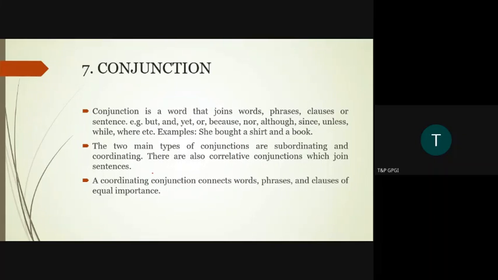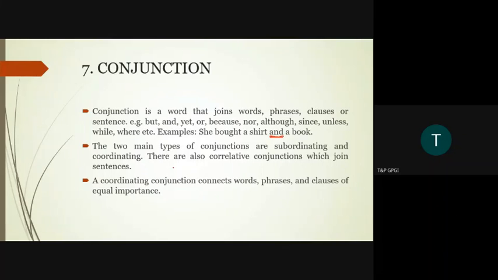For example, we have but, and, yet, or, because, nor, although, since, unless, while, where, etc. There are many conjunctions that join two or more sentences, words, phrases, or clauses. Here I've written one example: she bought a shirt and a book. So it is joining the sentence.